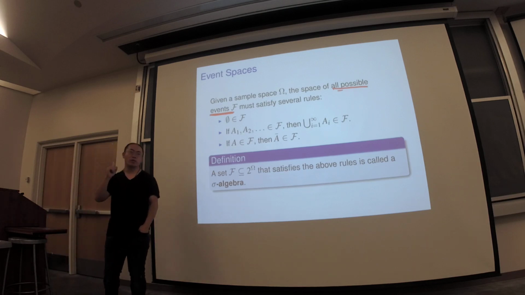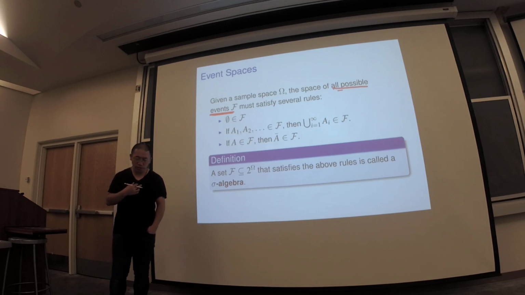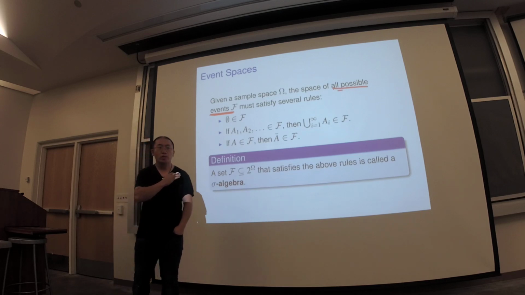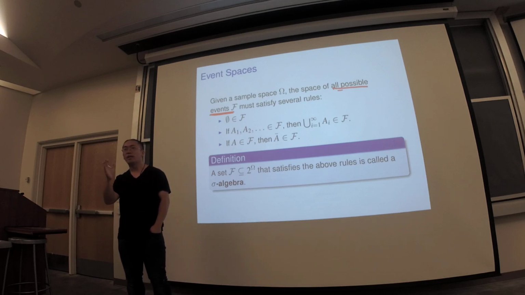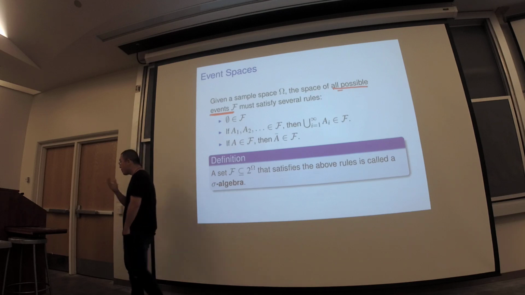Otherwise, it will end up with weird results. This is kind of counterintuitive. You cannot choose an arbitrary set of events to study and to do probability assignments. If you do that, you could end up with very weird results, like for some particular event you cannot have any probability assignment, or the probability that A happens plus the probability that A does not happen is not equal to 1. This is not allowed.